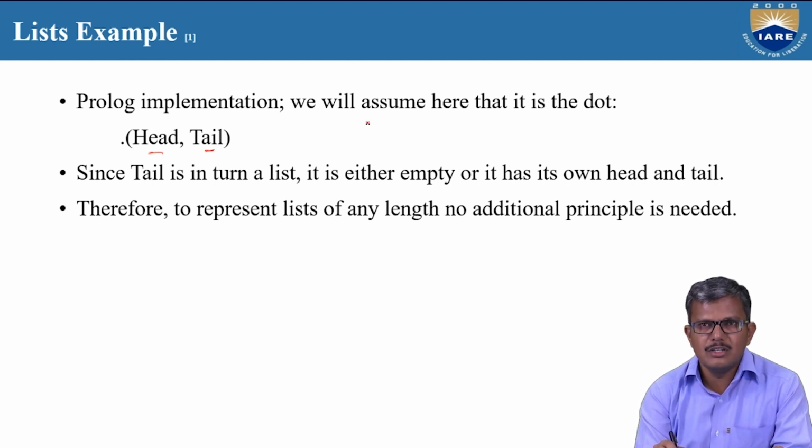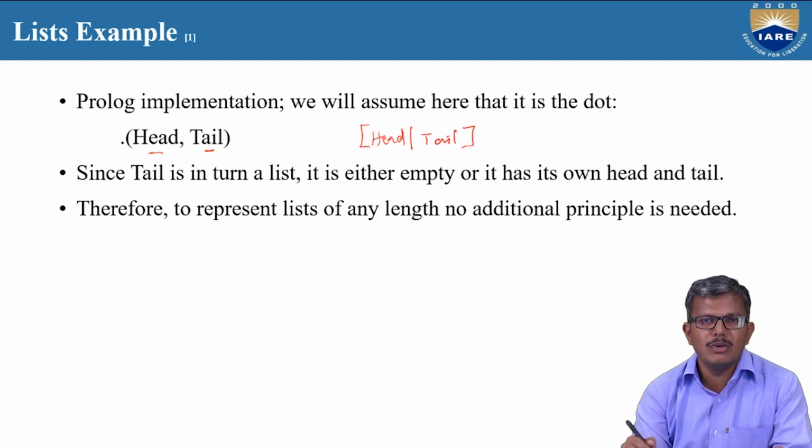So there is only one difference you need to consider. If it is square brackets, the first element of the list becomes the head, and the remaining part of the list is going to become the tail. The remaining section can be only one element or more than one element.